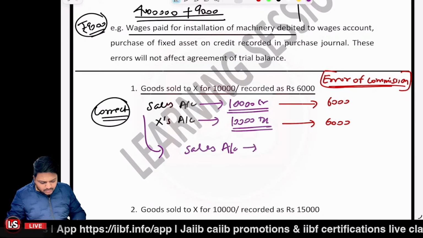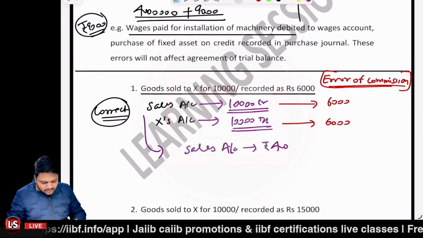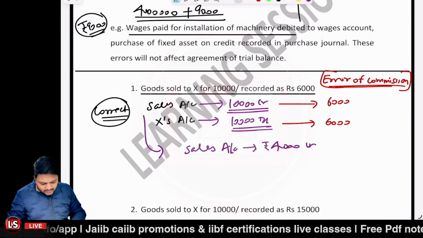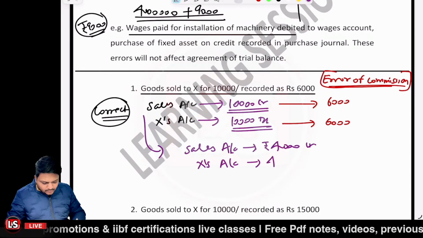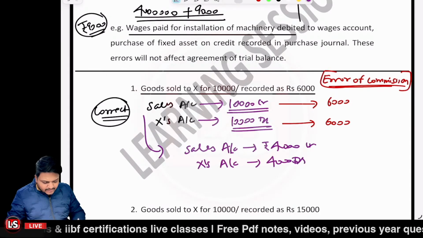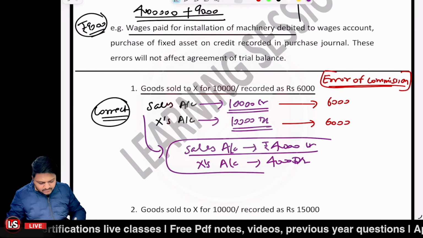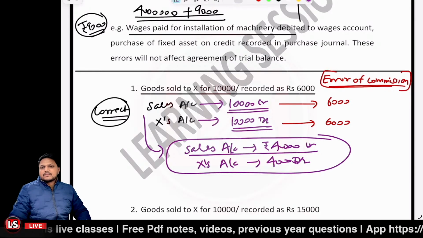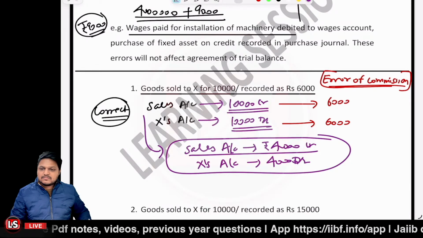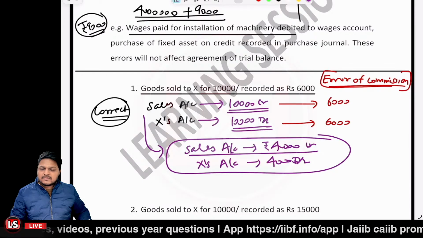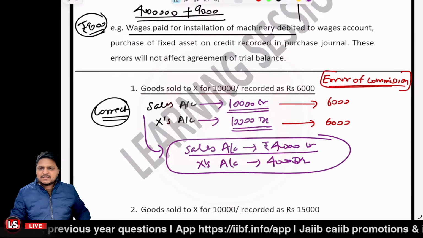Sales account rupees 4,000 credit, and X account rupees 4,000 debit. That will be the rectification entry for this. Is that clear to you? Kindly confirm. Have you understood this particular part?